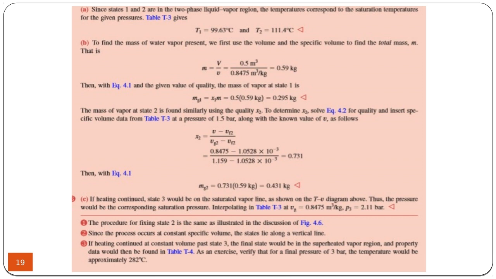Interpolation is important. You need to use it in several cases, so make sure that you understand the application of interpolation well.